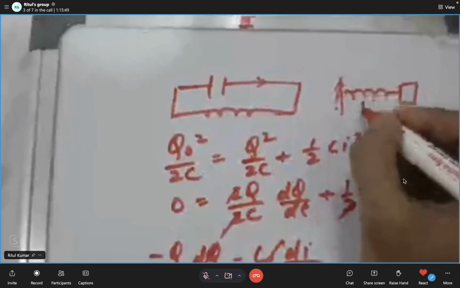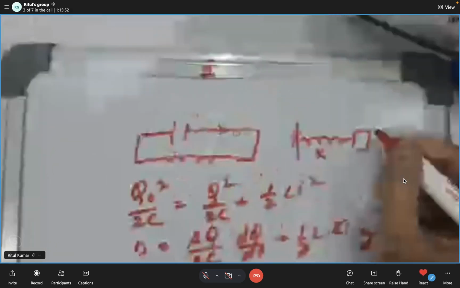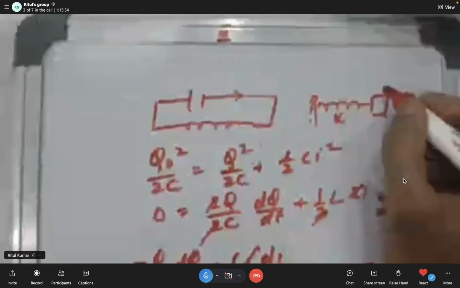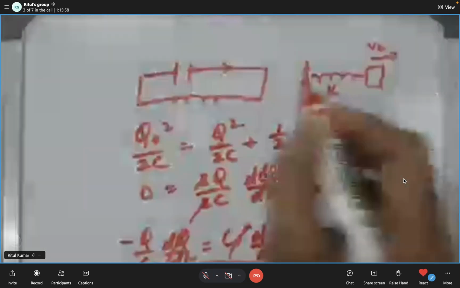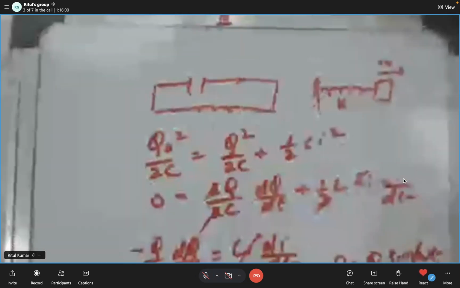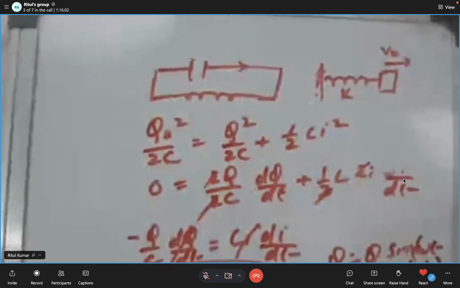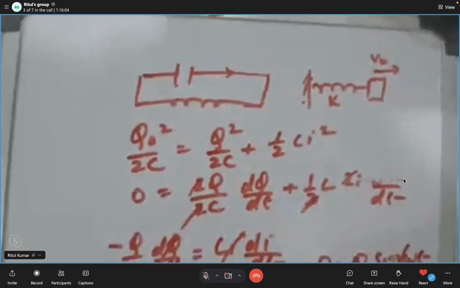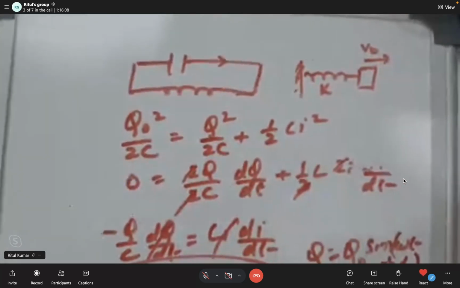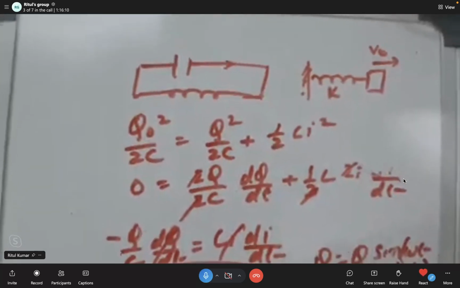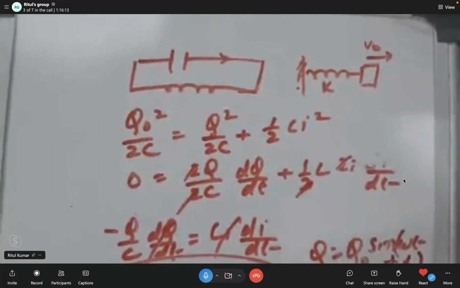This case, spring K, right? And given a velocity v naught, let us say in this direction, it goes, going, fine. So when it is at its mean position, then its velocity is maximum, correct? So that would correspond to the initial condition where the charge was maximum.